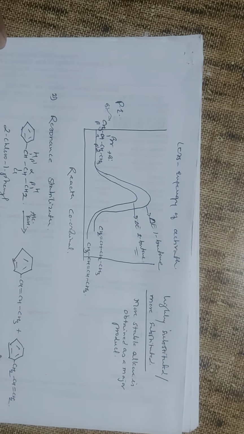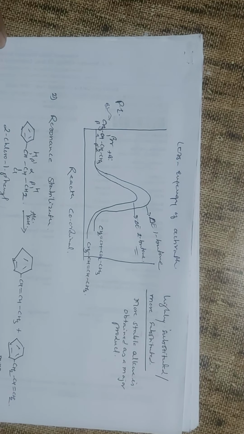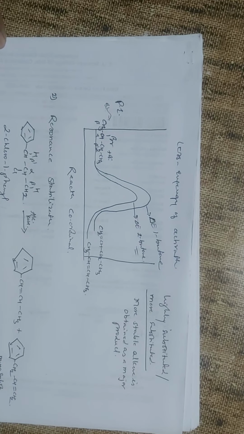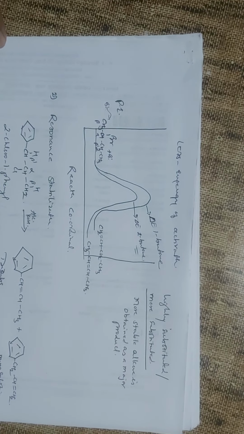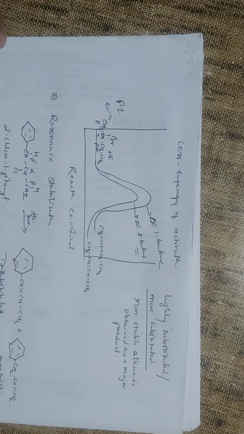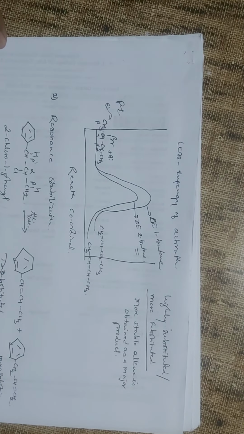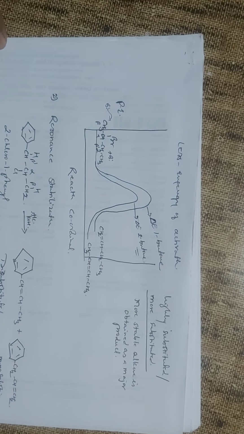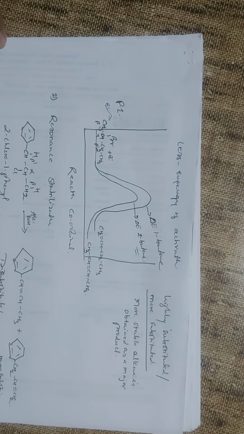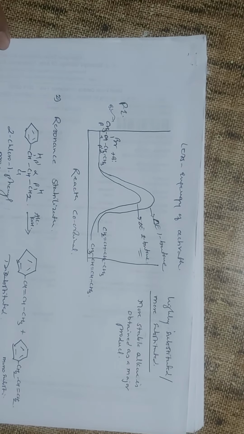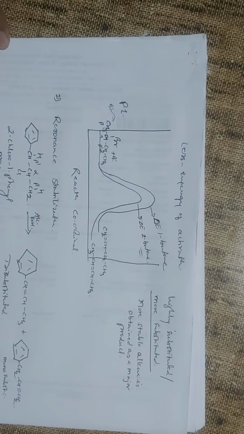So this is monosubstituted. This is disubstituted, and this is obtained as a major product. This is obtained as a minor product. So here it's 95% and here it is 5%.